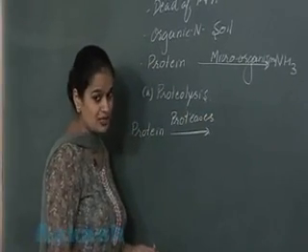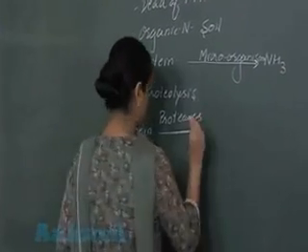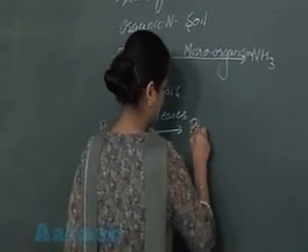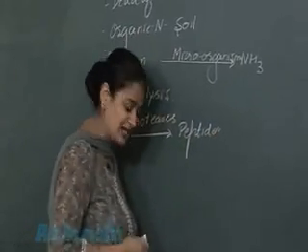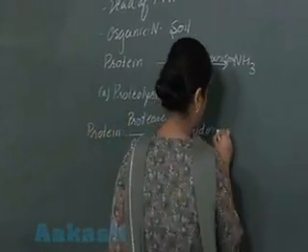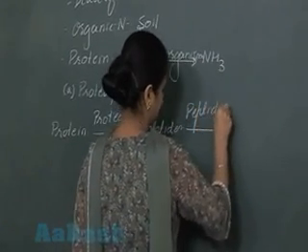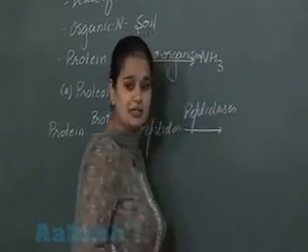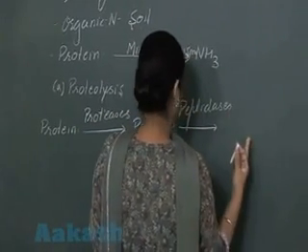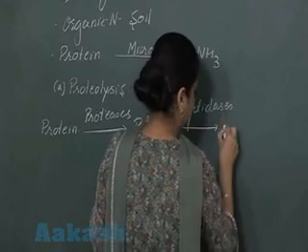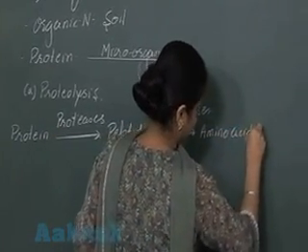These protease enzymes are secreted by bacteria, and this forms peptides. The peptides further undergo breakdown with the help of the enzyme peptidase. Again, it is a bacterial enzyme, and these peptidases convert the peptides into the subunits, that is amino acids.